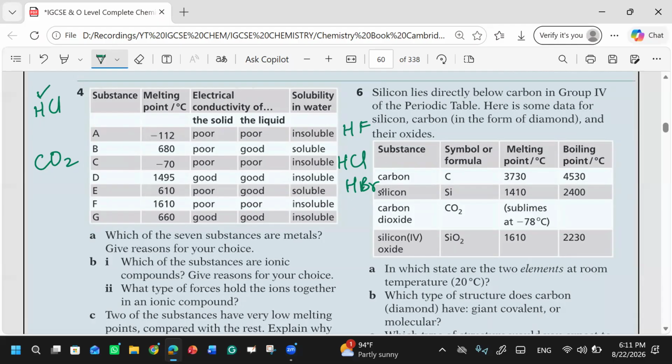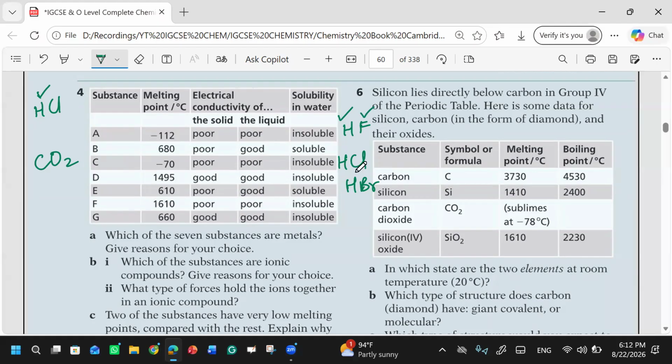If you have a covalent compound formed by two non-metals, it means this is a covalent bonding.